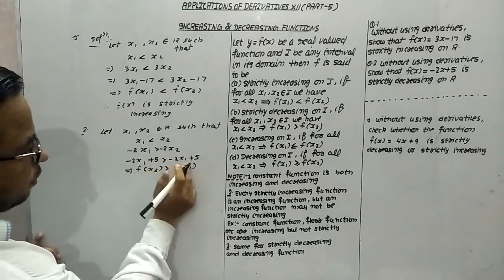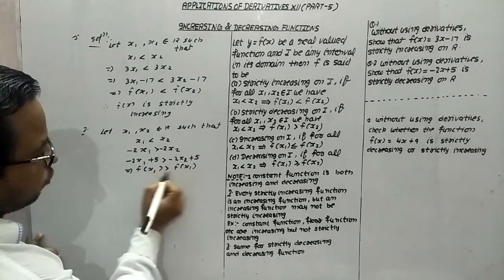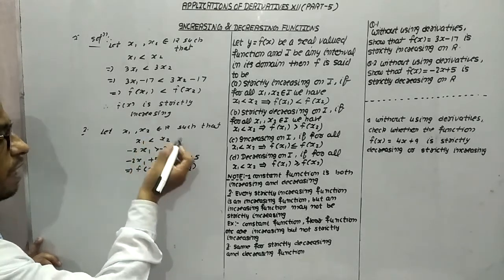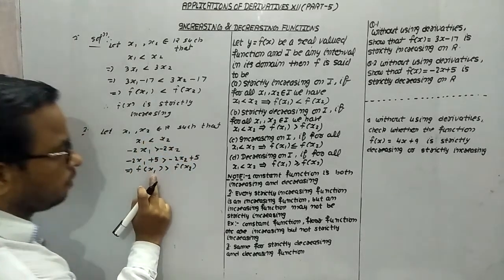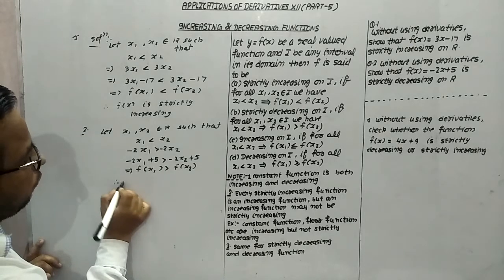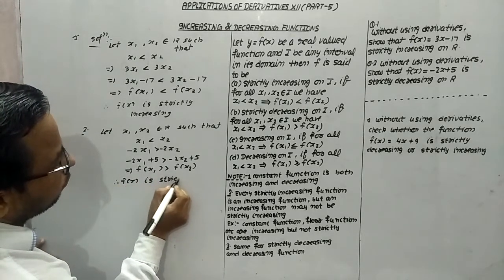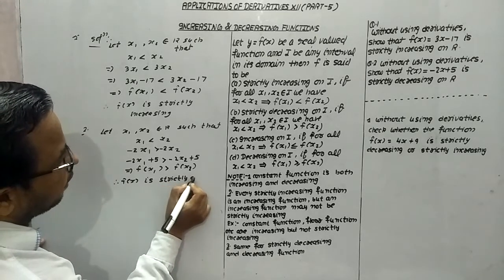So f(x1) is greater than f(x2). It implies that x1 less than x2 gives f(x1) greater than f(x2). Therefore, f(x) is a strictly decreasing function. What is this? Strictly decreasing.